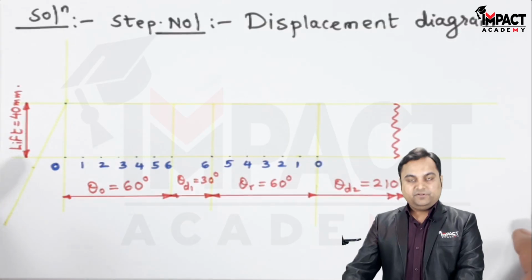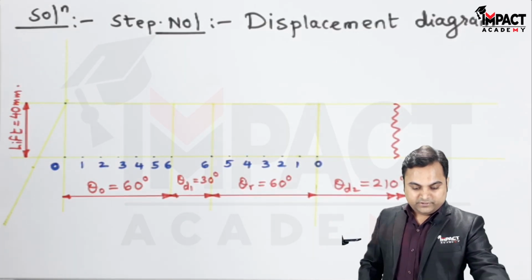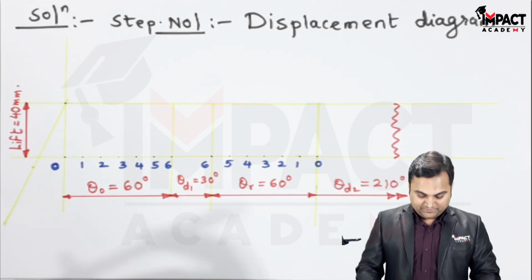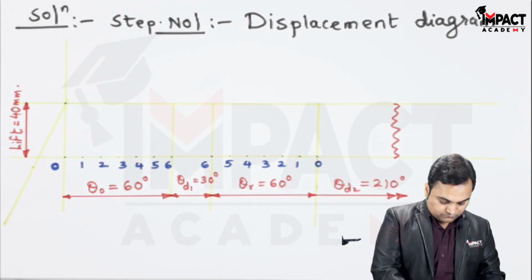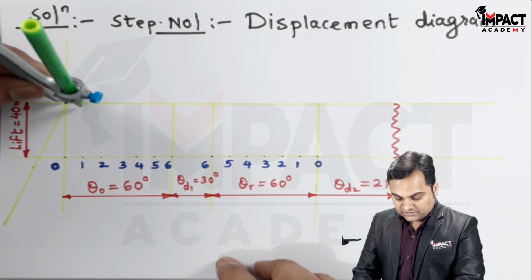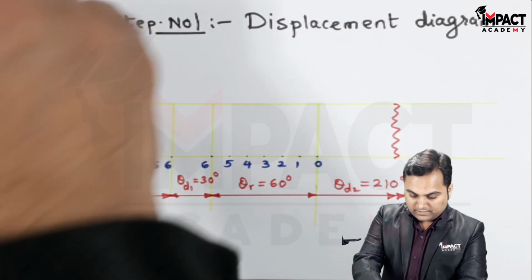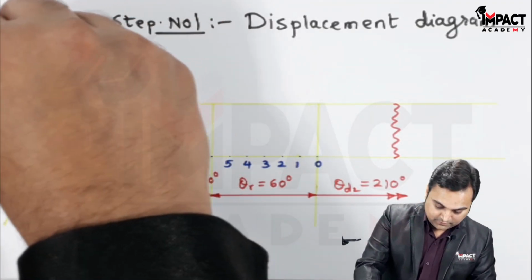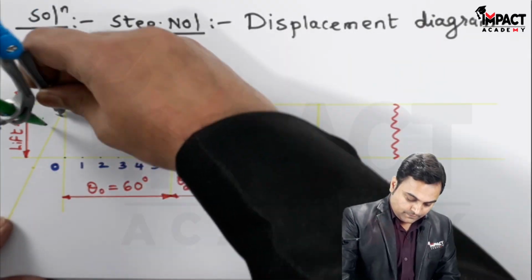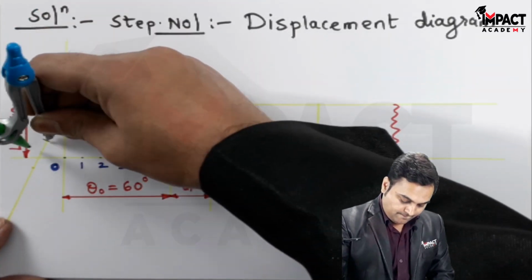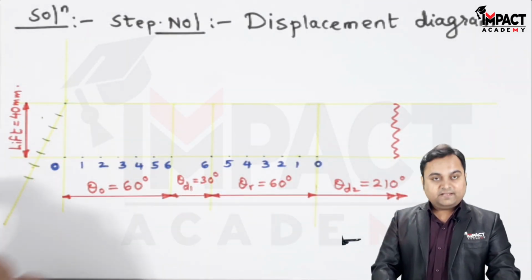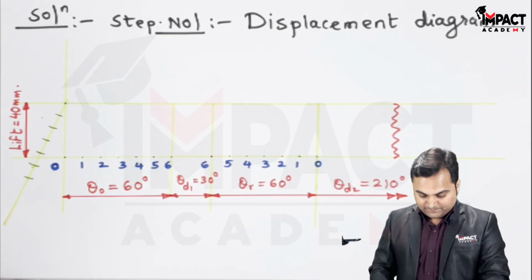Next, since we need to divide it into 6 equal parts, into the compass, take the distance as 1 centimeter. So I have taken the distance as 1 centimeter and marking over this angle the 6 equal divisions.